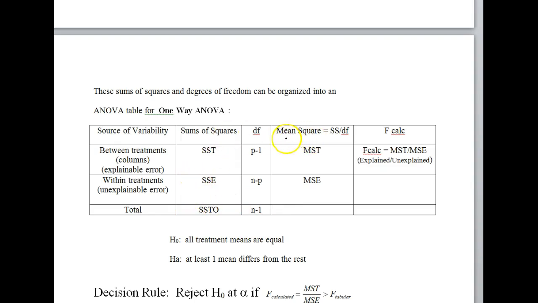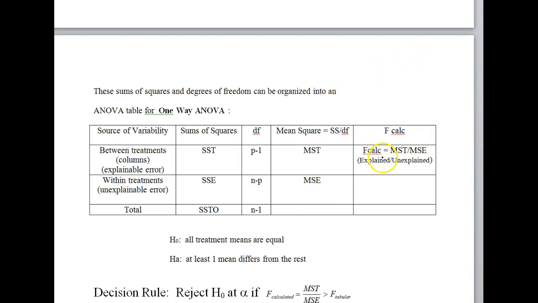And then we're going to come up with our mean square. Okay, so a mean square treatment, mean square error. And we do that by taking our sum of squares and then dividing out the degrees of freedom. So whatever number this is, we're going to divide it by this, and we're going to get our MST. Whatever number this is, we're going to divide by this, and we're going to get our MSE.